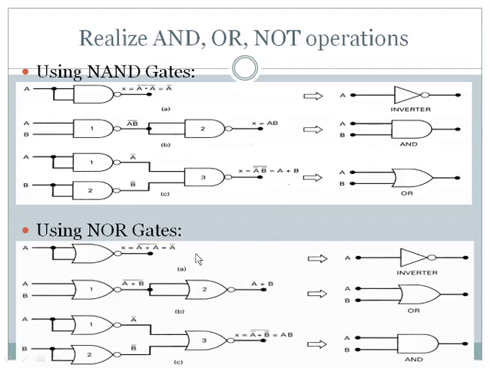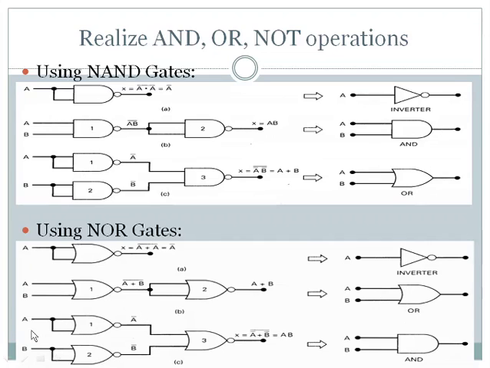Then this NOR gate performs the inverse operation of its input, (A plus B) bar bar, so the two complements cancel away. This results in A plus B. So we can see that the overall output is A plus B for the inputs A and B. That means this combination of two NOR gates performs the OR operation. You can say that this circuit is equivalent to a single OR gate.